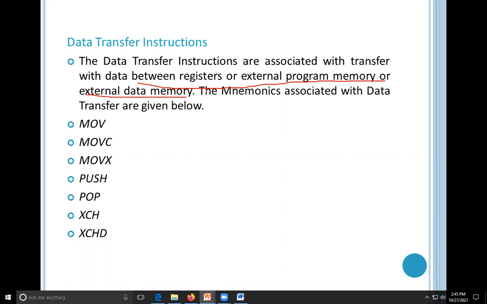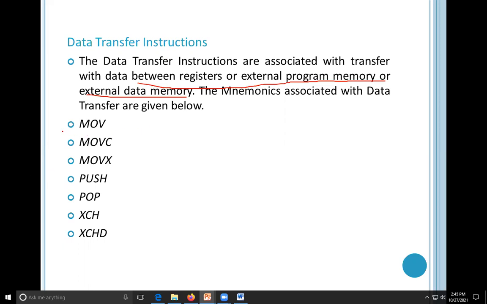In the 8051 there is internal ROM and RAM also. But if your program size increases, you have to connect other memories and transfer data from them. For that purpose, we use the data transfer instructions.